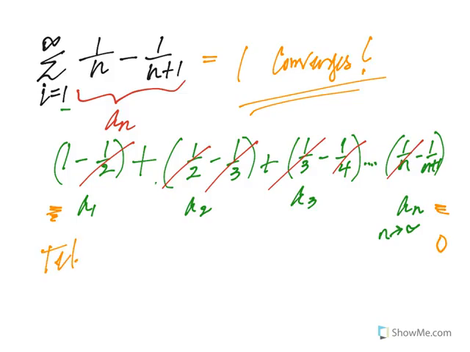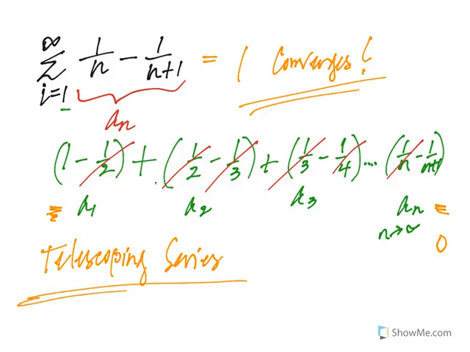This is called a telescoping series. It involves writing out the terms, looking for cancellations, and determining which terms are left at the end.